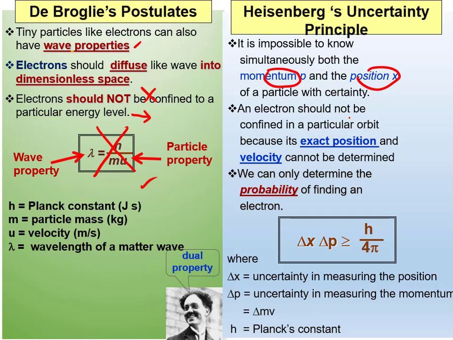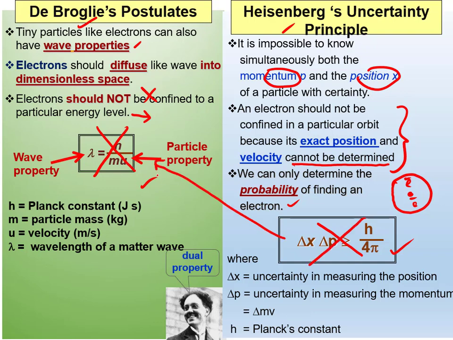And the electron should not be confined also because its exact position and velocity cannot be determined. So both de Broglie and Heisenberg have the same point. This is the formula of Heisenberg. But don't worry, it is not covered in the syllabus. Both of these tak cover dalam syllabus. So don't worry.